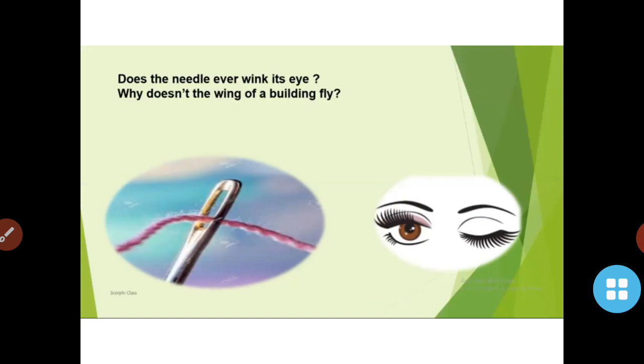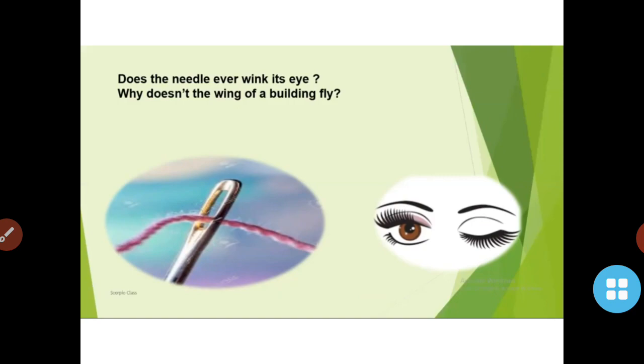But it cannot blink, it is an open area. So if it is blinking and winking, then we cannot pass the thread through the needle, right? It is the poem's imagination that if the needle has eyes and it is blinking and winking, then we cannot pass the thread through the needle, right?